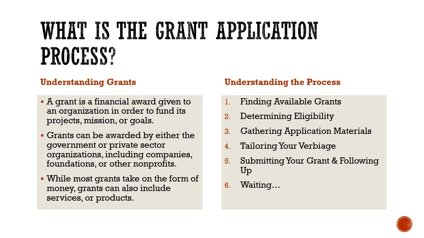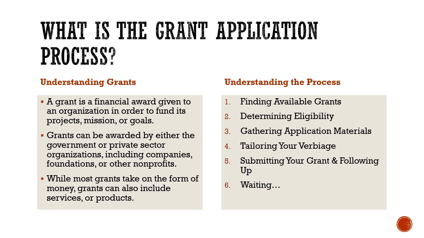One important nuance is that while most grants take the form of money, grants can also include services, such as people volunteering professional hours, like legal services or pro bono work, or even products or in-kind donations such as furniture or technology.